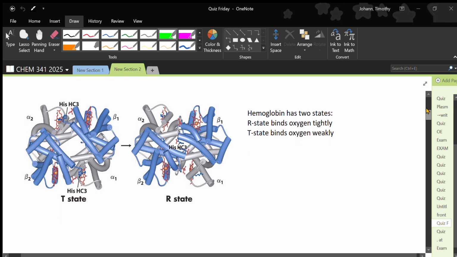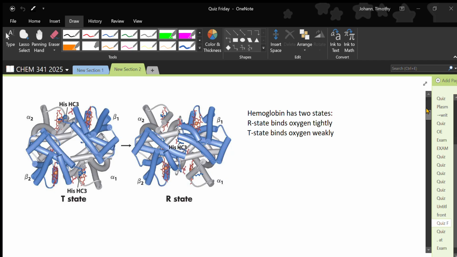So hemoglobin has this R state and this T state. We've got quaternary structure here, 4 subunits all associated non-covalently, and they change shape. We have the T state where it's kind of more open in the middle, and the R state where things kind of close down.